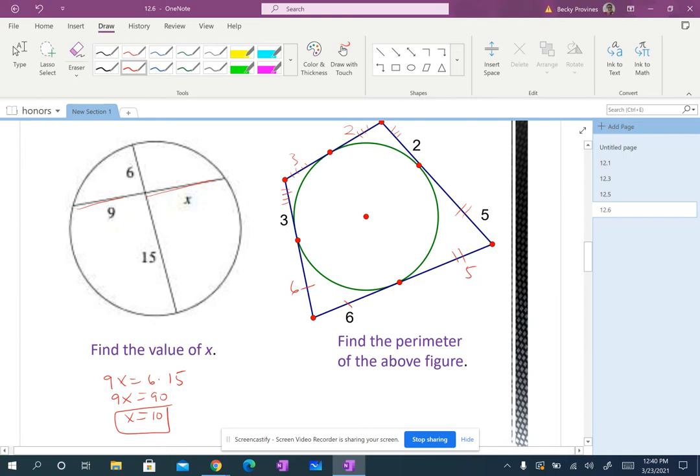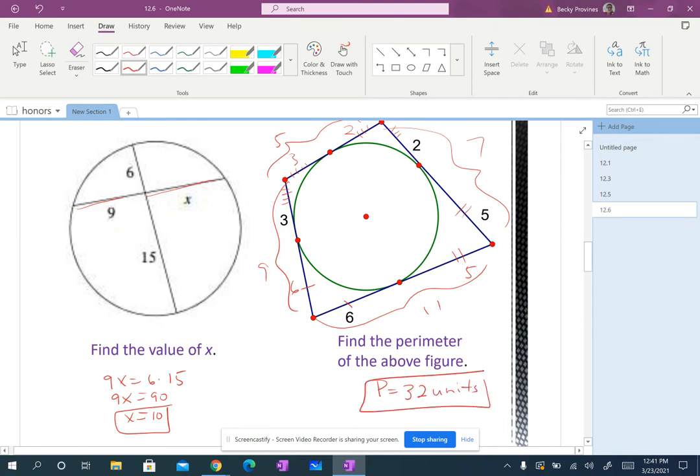So we're just going to add it all up. This side's 11, this side is 7, this side is 9, and this side is 5. So 5, 7, 9, and 11. The perimeter is 32 units. It's that easy.